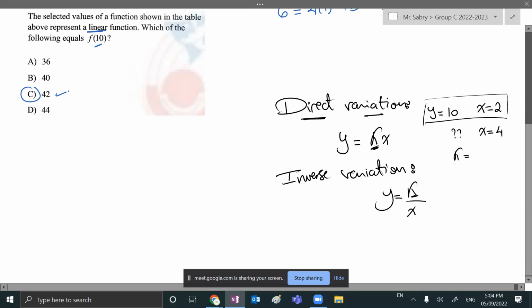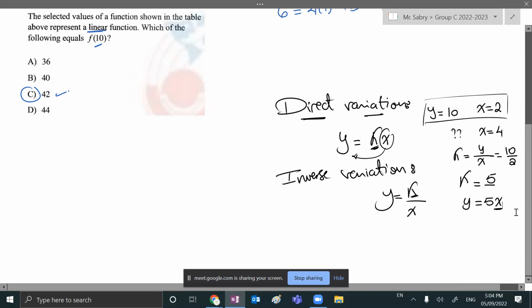Remember that to find the k, we just need to move x to the other side. So you just have to do y over x. That's why it's 10 over 2. So that means I found the k as 5. Since I have the k, I can say that the equation is now y equals 5x, and I'll substitute whatever value of x I need to find y, or substitute y to find x if that's the case. Does it make sense? Yeah.